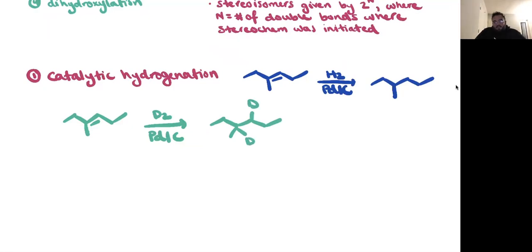Okay, so knowing that we form 2 chiral centers, there's obviously 4 stereoisomers, right? Wrong. Why am I wrong, Daniel? Because it's syn only. Very good. So syn only.